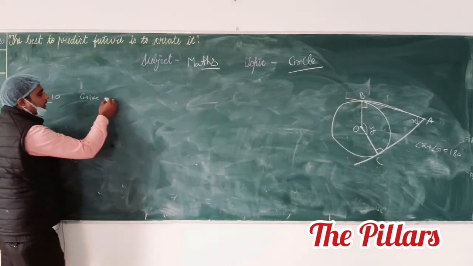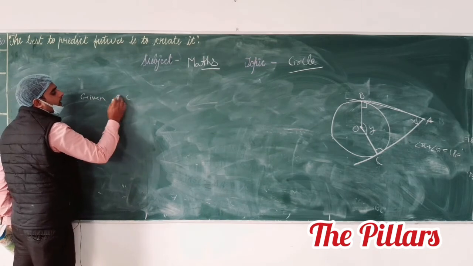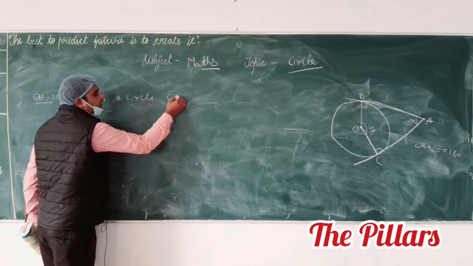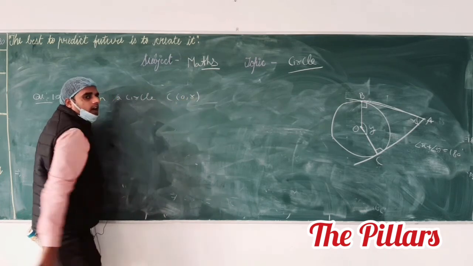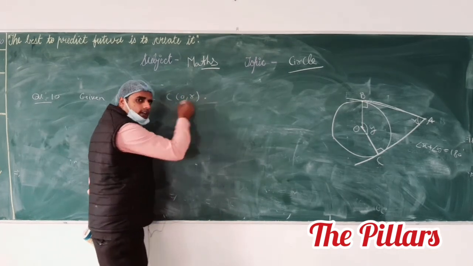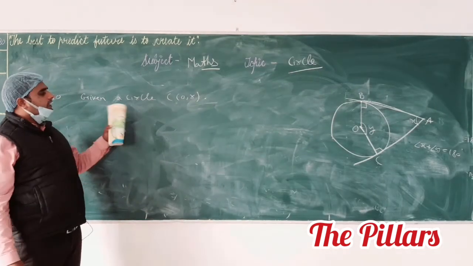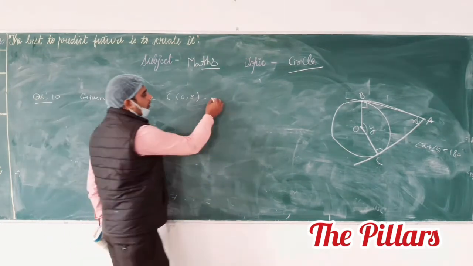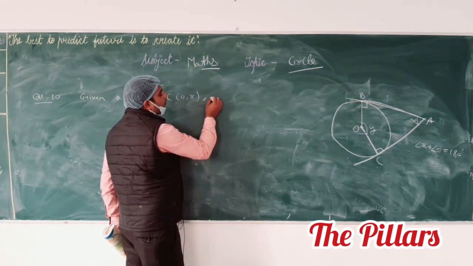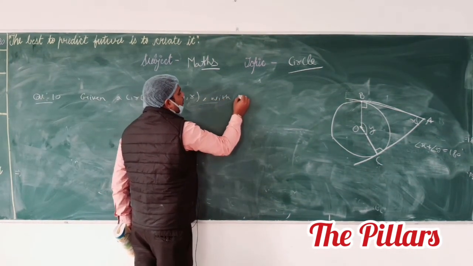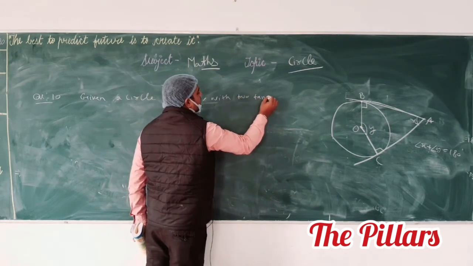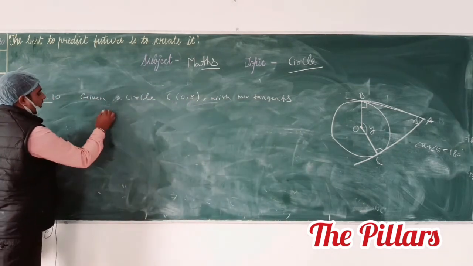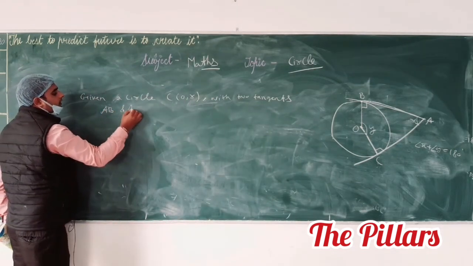Okay, given. Write down: given a circle C with center O, radius R, with two tangents AB and AC.